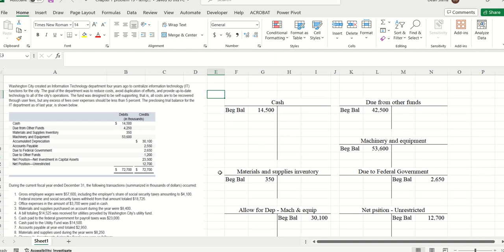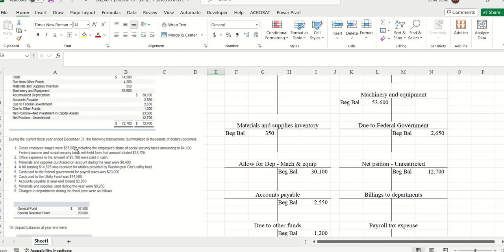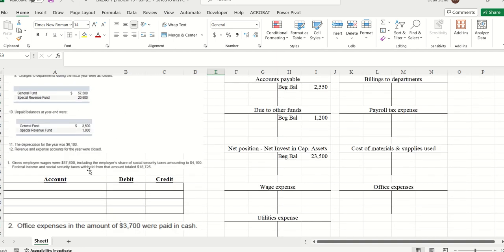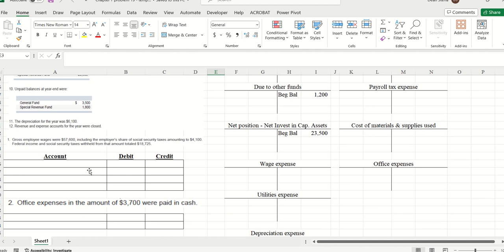Okay, so let's get started here with the general journal entries. I think I might break this up into three sections: the journal entries, the posting, and then the financial statements.